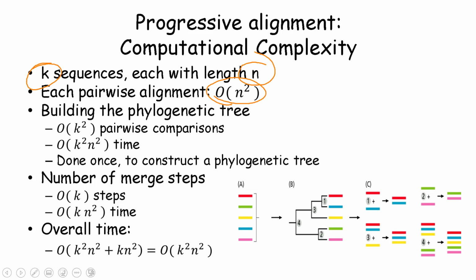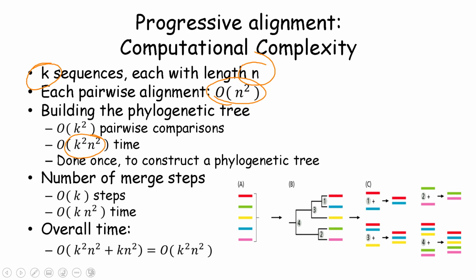In order to build the phylogenetic tree, we need to compare each sequence with all the other sequences in order to find out how similar they are. That means we would perform in the order of k square comparisons, each comparison taking n square time, so the total time of phylogenetic tree construction is k square n square.